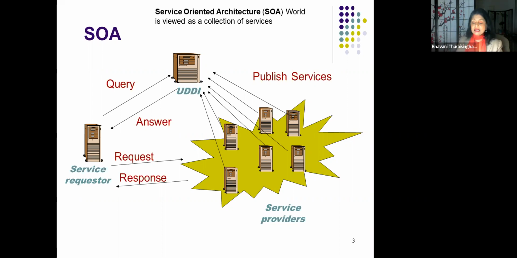But in any case, American Airlines now becomes the service requester, and they will contact, say, Hilton Hotel to get the hotel service, and they might contact, say, Avis to get the car service. They will bundle all the services, travel, airline, and hotel, and then give it to the service requester. So this is a service-oriented architecture.